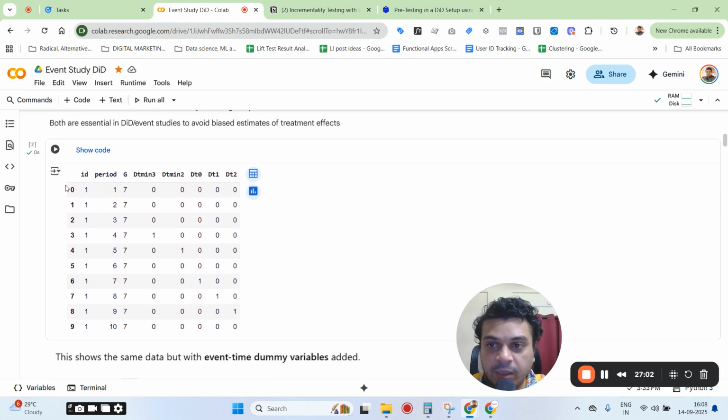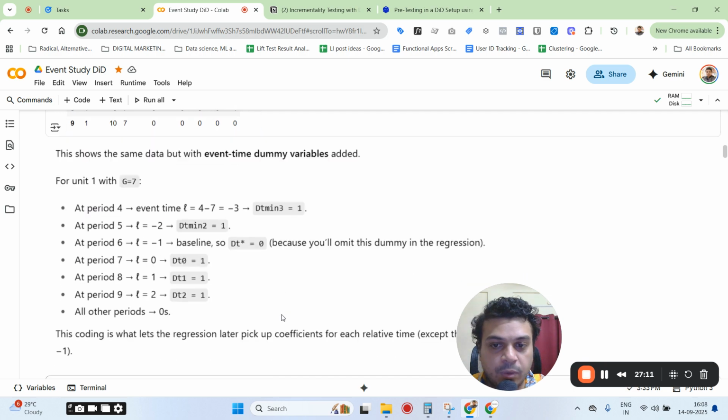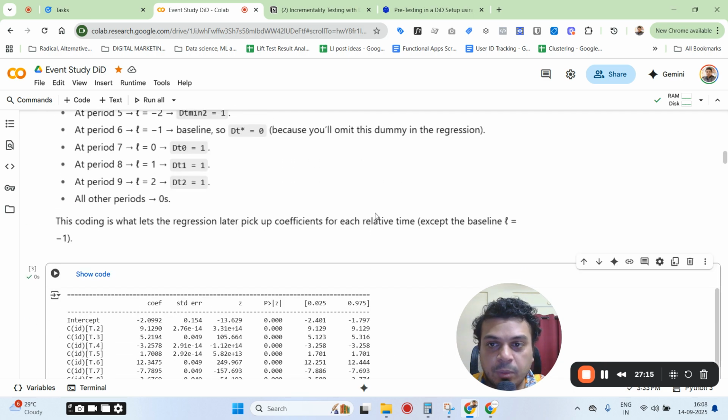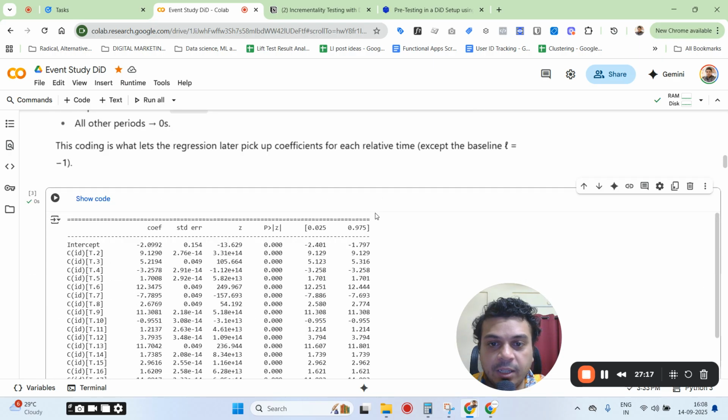Now we are going to talk about the regression. After this, you construct a regression equation, and I'm going to show you the nature of the regression equation. You can see the output here consists of the intercept and all the different variables. In this example we had 200 units and 12 time periods.